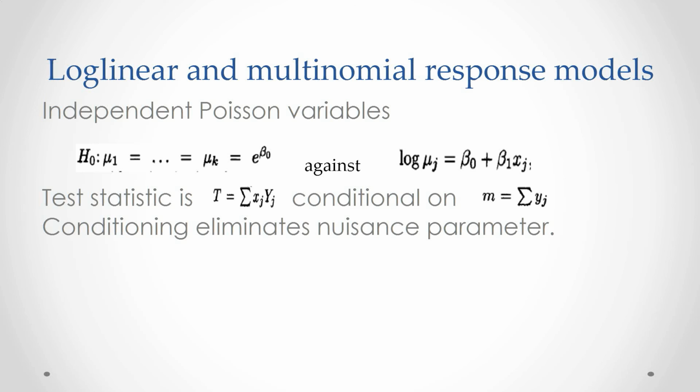Now, the natural test statistic turns out to be T equal to summation xj yj, and this is conditional on m equal to summation of yj, which we know to be the sufficient statistic for beta naught. The conditioning is necessary because to perform inferences about beta 1, we need to eliminate this nuisance parameter beta naught.